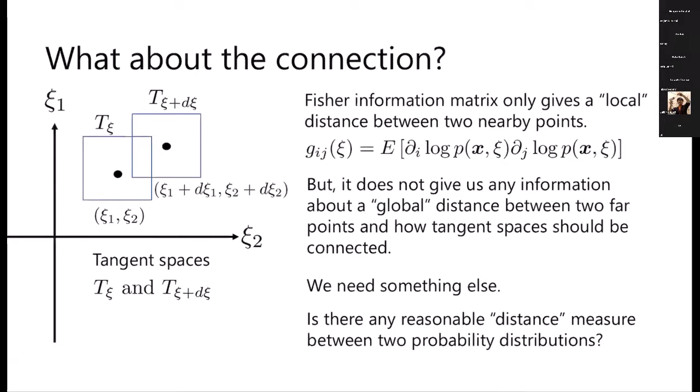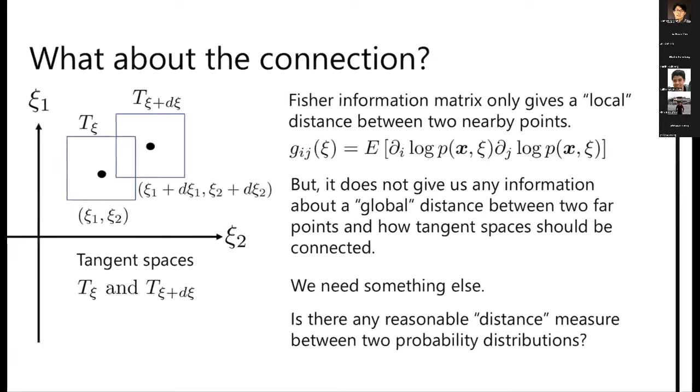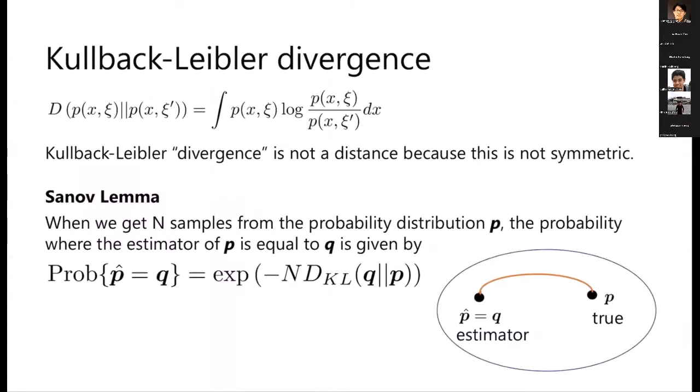Is there any reasonable distance measure between two probability distributions? So you probably know something, which is Kullback-Leibler divergence. And Kullback-Leibler divergence is not a distance, because it is not symmetric, so it is called divergence. And this Kullback-Leibler divergence is characterized by the so-called Sanov theorem.